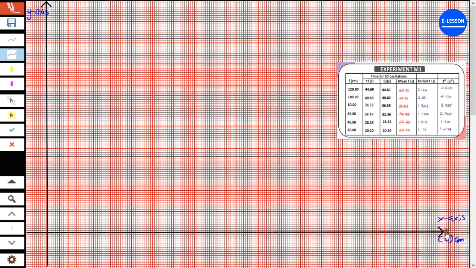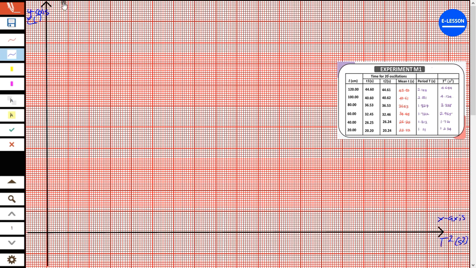Centimeter. Or okay, the x axis is t square, so you can say t square. Let me rewrite this. You have t square, the unit is in second square, and then you come here, y axis bracket, then L, the unit is centimeter.